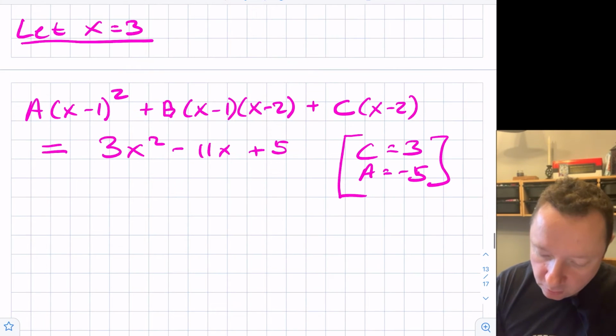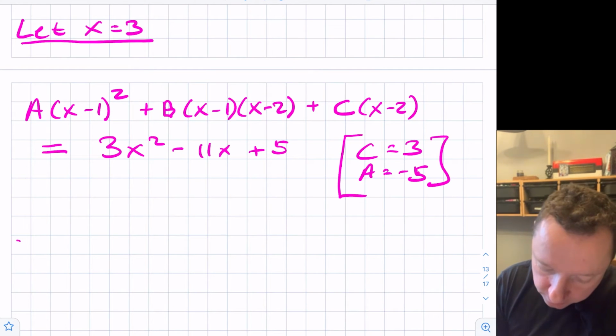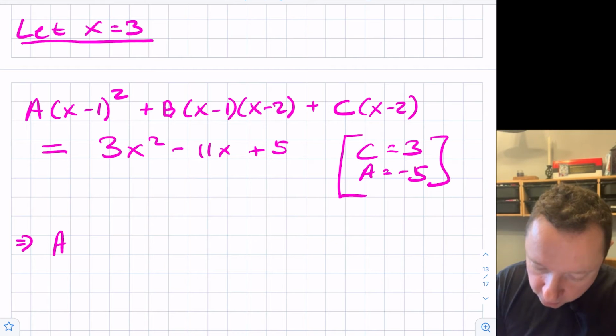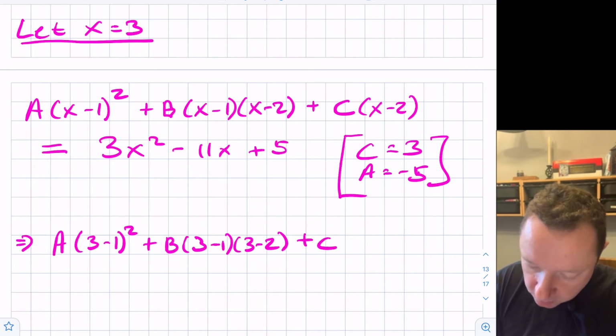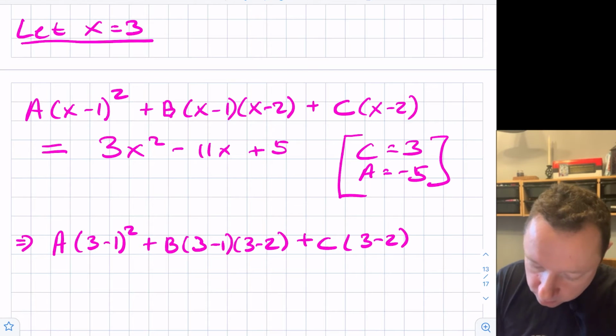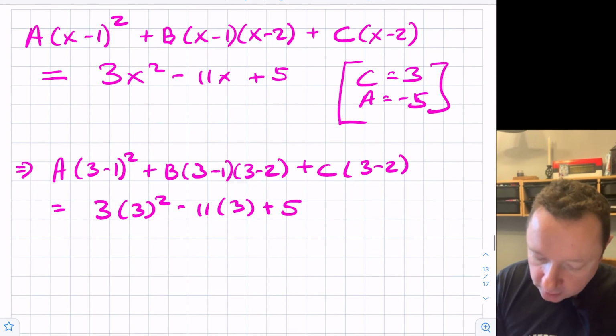So if we let x equal 3, we get a times (3 minus 1) squared plus b times (3 minus 1)(3 minus 2) plus c times (3 minus 2) equals 3 times 3 squared minus 11 times 3 plus 5. So we can expand that.